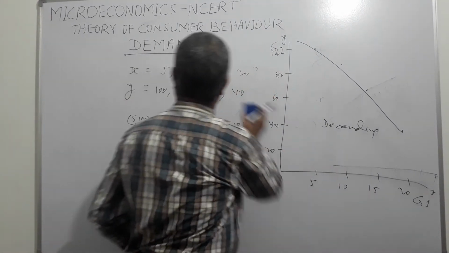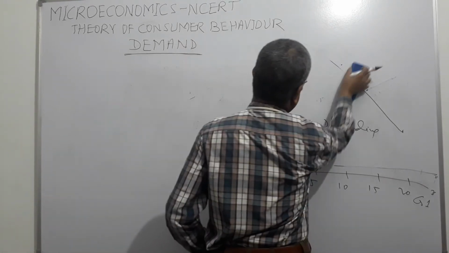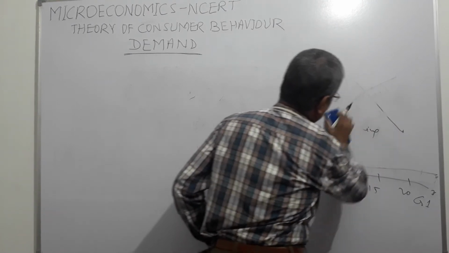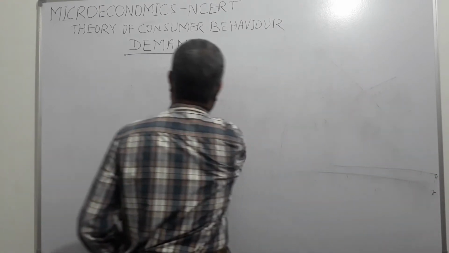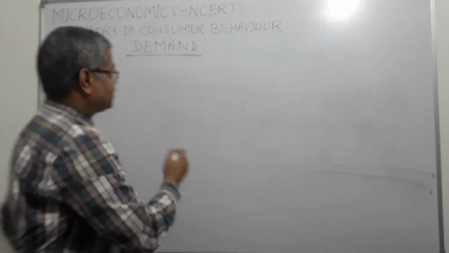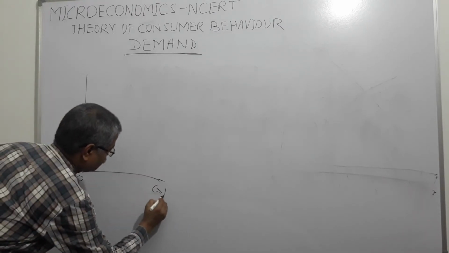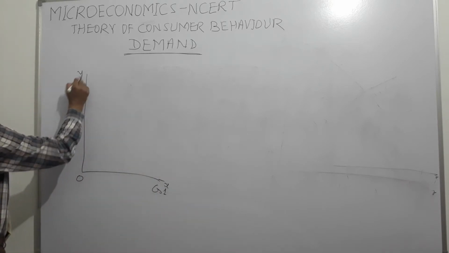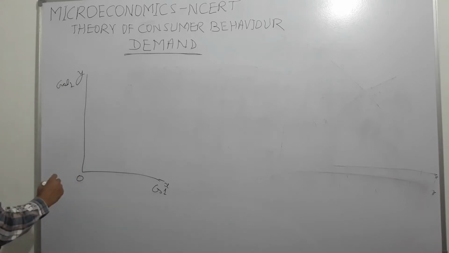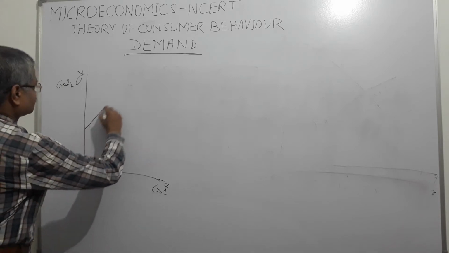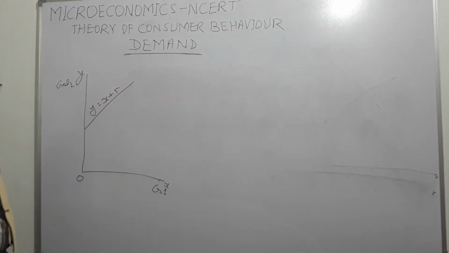Another thing we see is the correlation between the values of X and Y, as we have seen here. Suppose Y is equal to X plus 5 and Y is equal to 50 minus X. O, good 1, X, Y, and this is good 2, right? Here Y is equal to X plus 5.